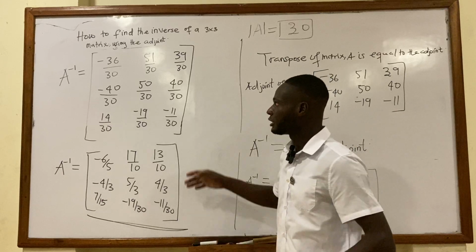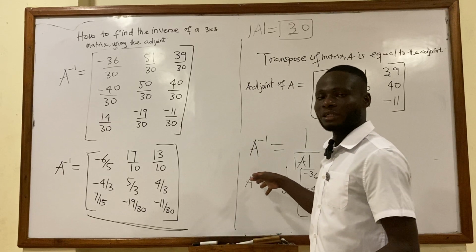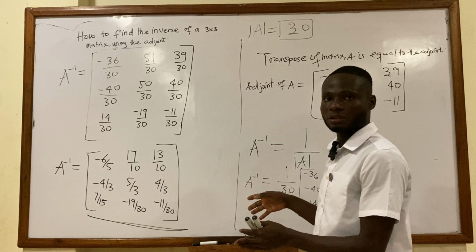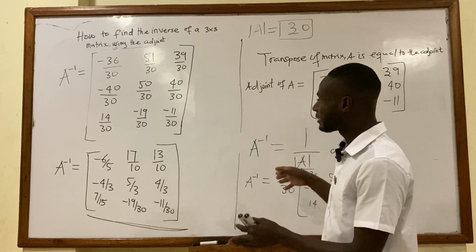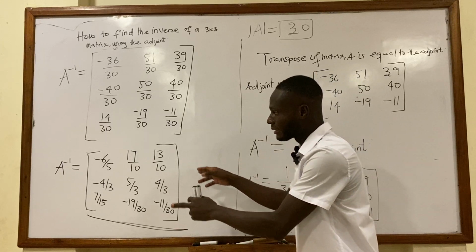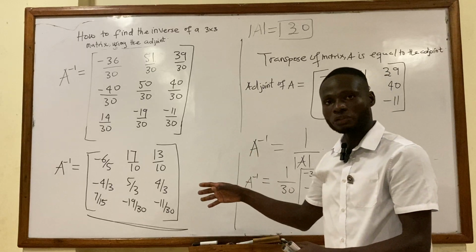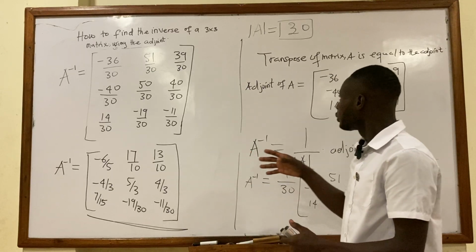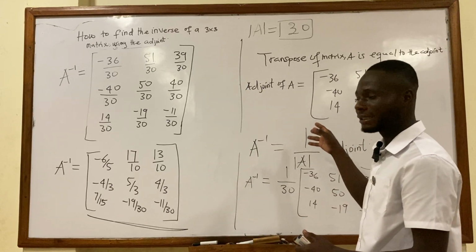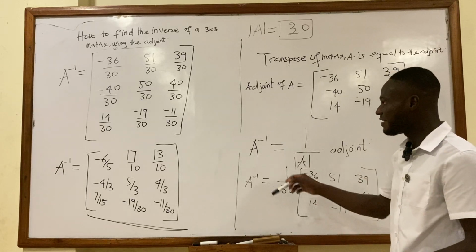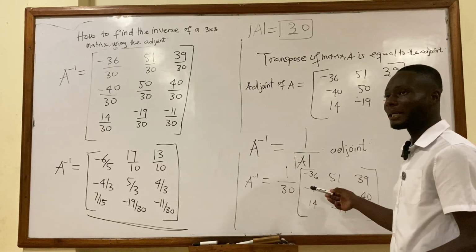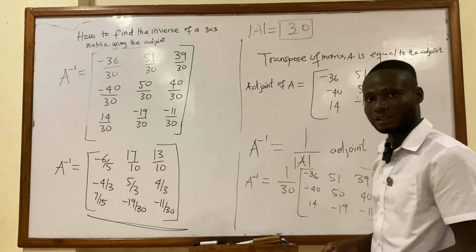When you finish, then you simplify each element, and you get a 3 by 3 matrix, after which you transpose that particular matrix to get your adjoint, right? And you know that to find the inverse is 1 over the determinant times the adjoint.